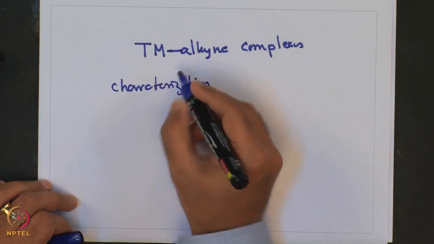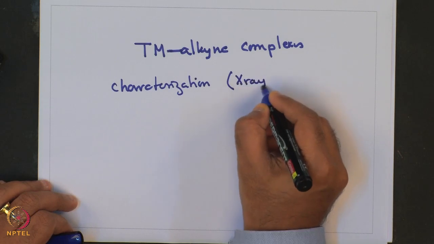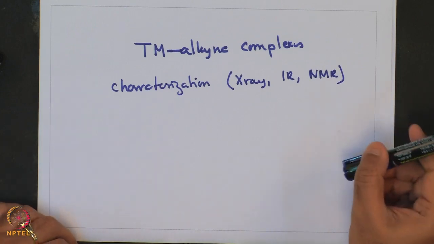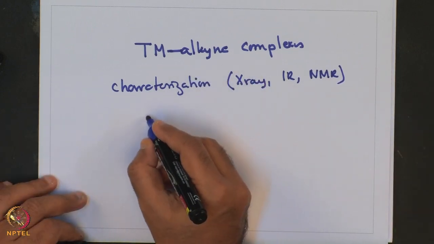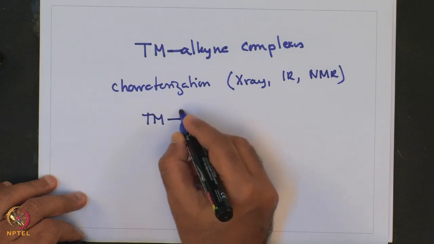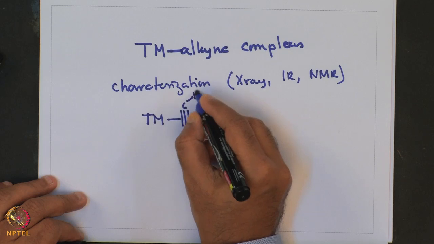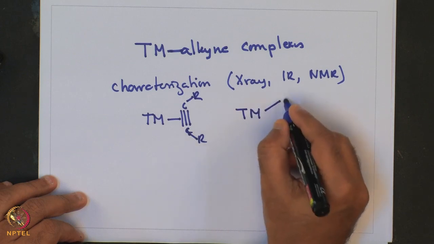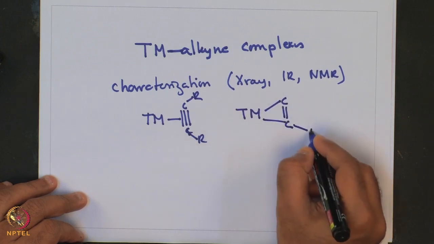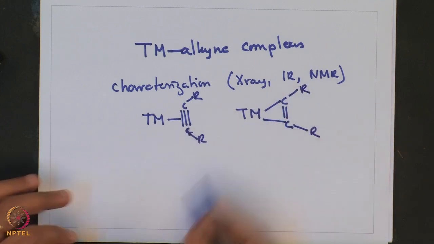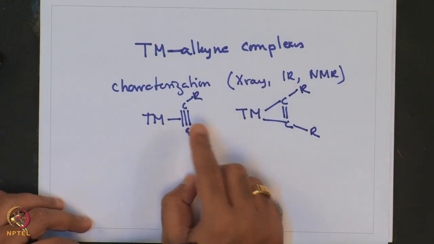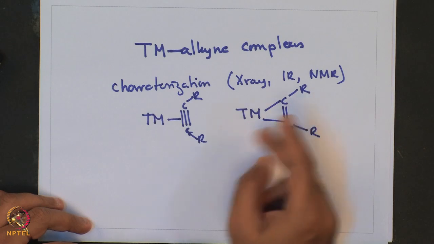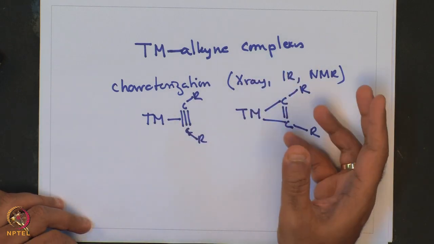One sees that these complexes can exist in two structural forms. One is the acetylenic one, which has a carbon-carbon triple bond. The other is the metallocyclopropene one, which has a carbon-carbon double bond, and between these two structures the CC bond distance varies from shorter to longer, depending on the extent of metal to ligand back donation.